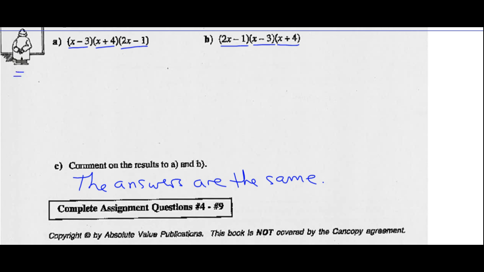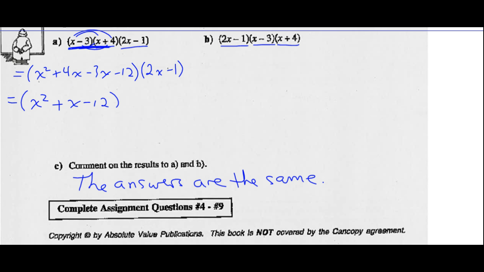Well, so let's say I multiply the first two together, x minus 3 times x plus 4. So I get x squared plus 4x minus 3x minus 12 multiplied by 2x minus 1. Simplify this bracket, I get x squared plus x minus 12. 4x minus 3x is plus x.